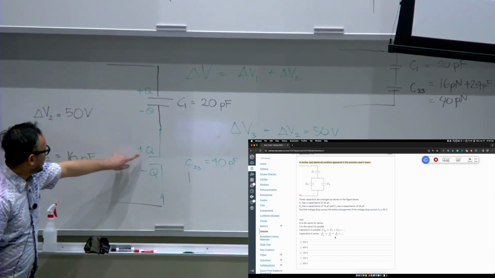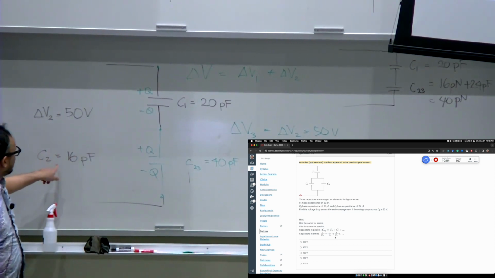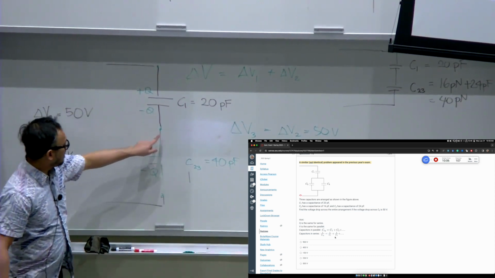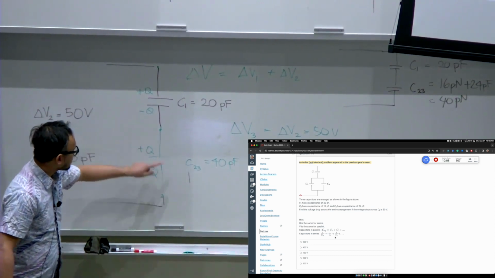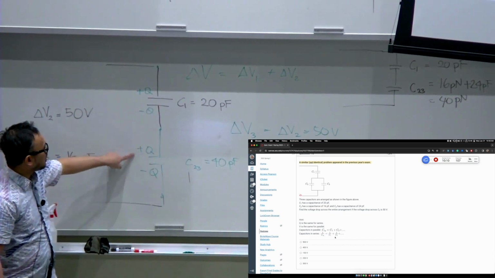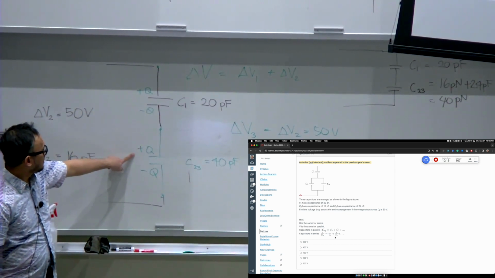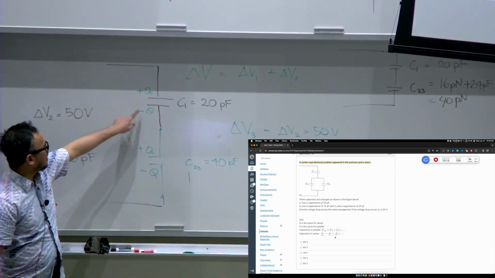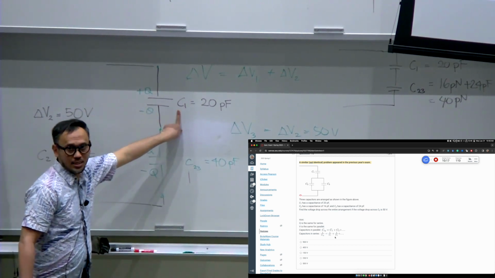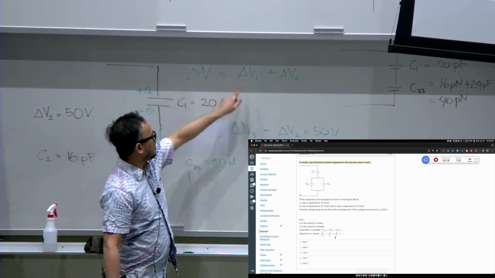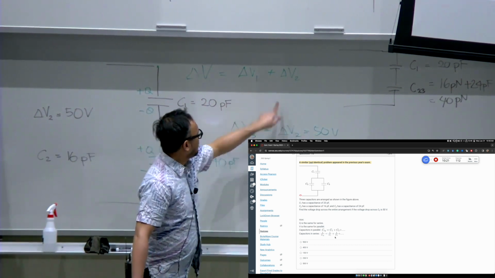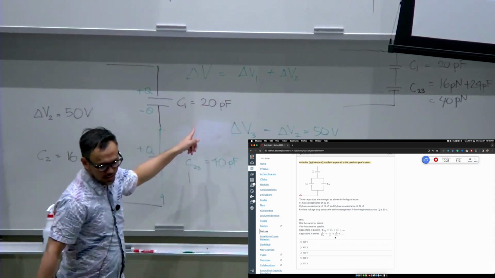So we know the voltage drop, which is 50 volts. So you can find Q. And if you know Q, you can find the voltage drop across C1. And then if you sum delta V1 plus delta V2, you get the answer.